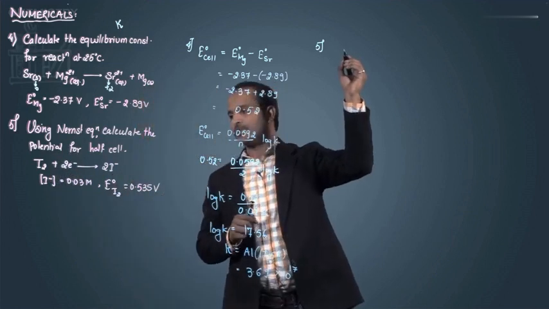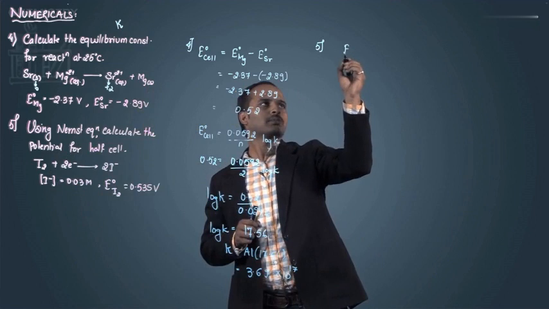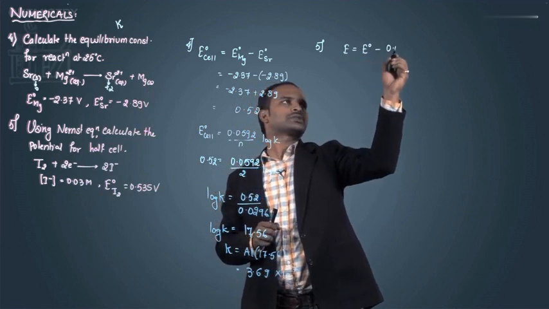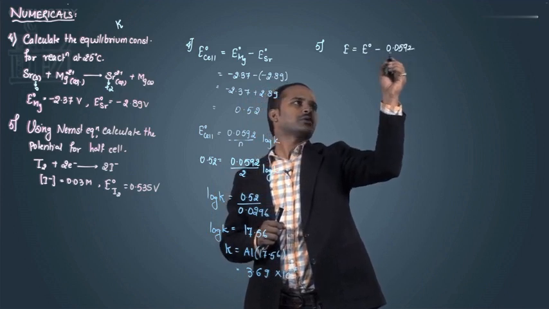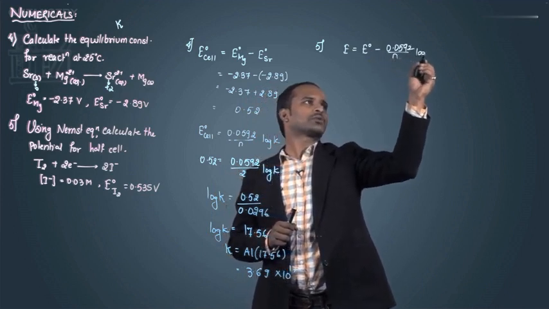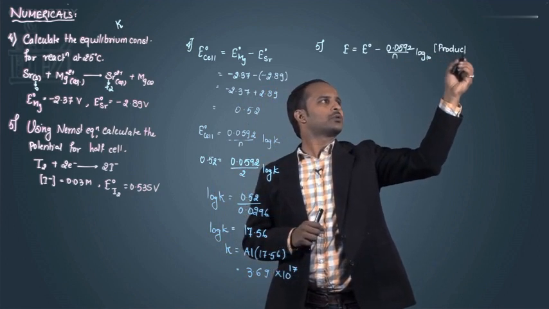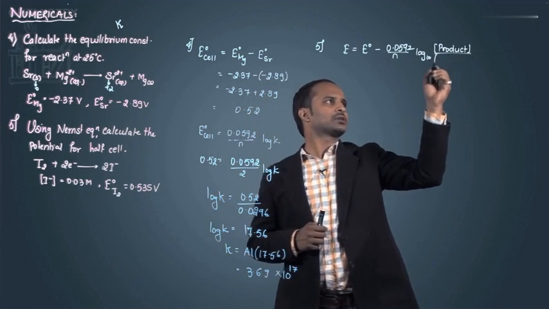So the formula will be E is equal to E naught of electrode minus 0.0592 upon n log to the base 10 of molar concentration of product upon molar concentration of reactant.